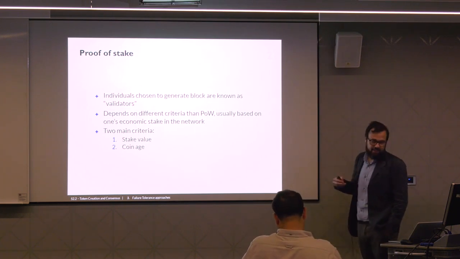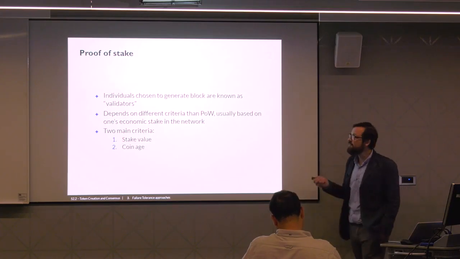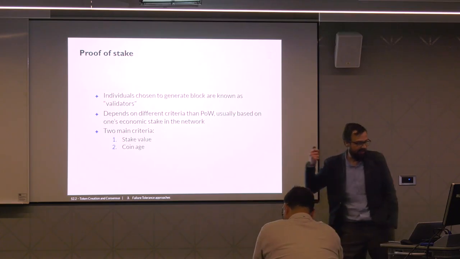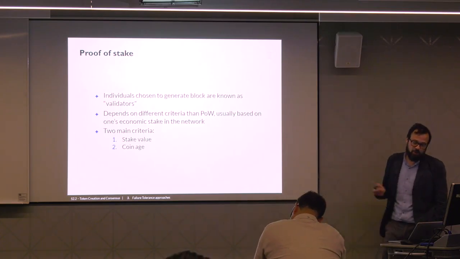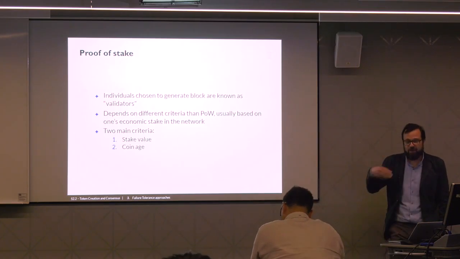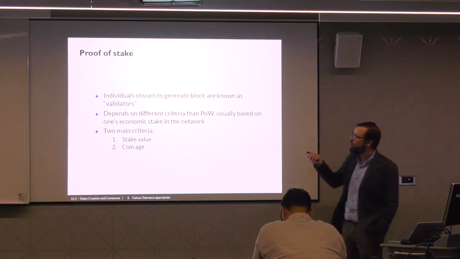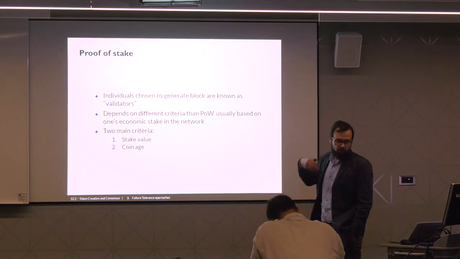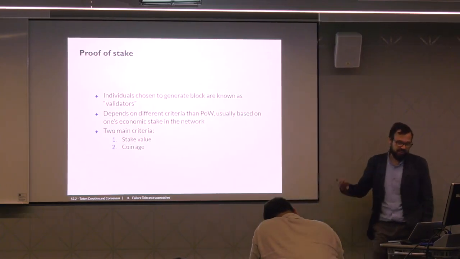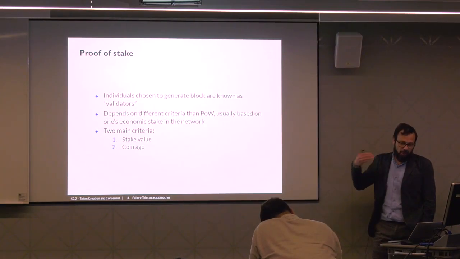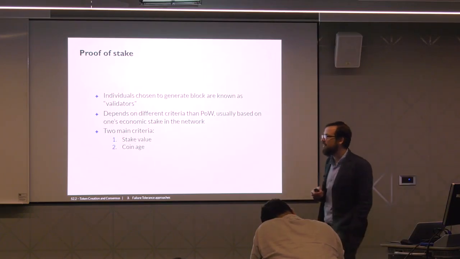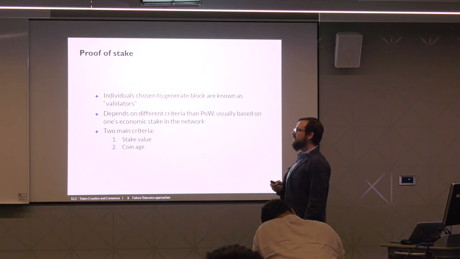In proof of stake, there is something different: the probability that a node is selected as the generator of a new block is proportional to the total amount of tokens that this user has. So the more wealth a user has, the more likely this user is going to be the one that creates the next block.